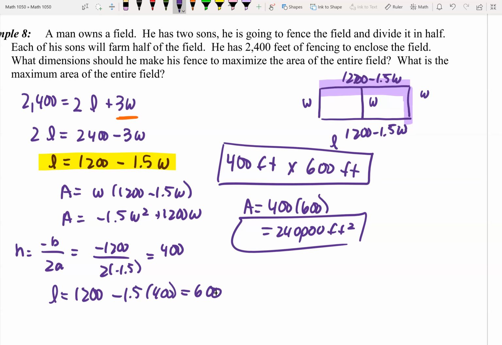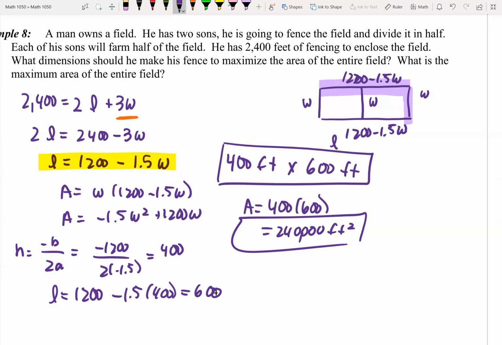Like you can have the width be the length. And what would that do to your garden? You don't know if this garden is 600 long and 400 tall, or 400 wide and 600 tall. You don't know.